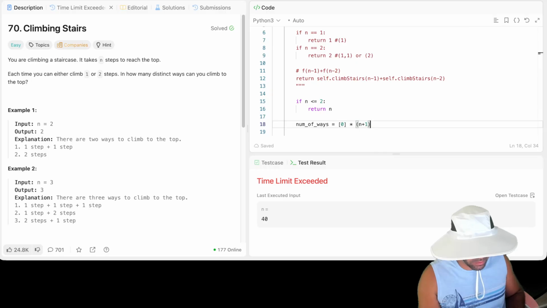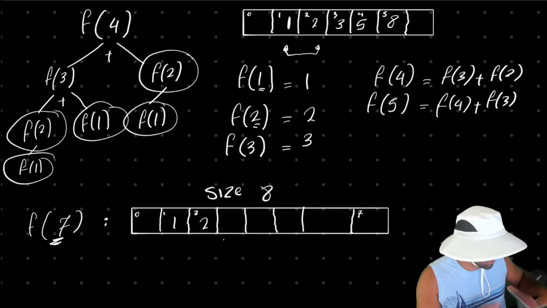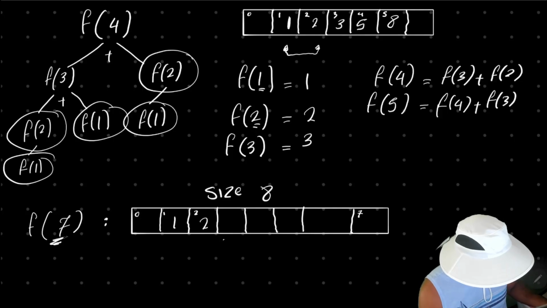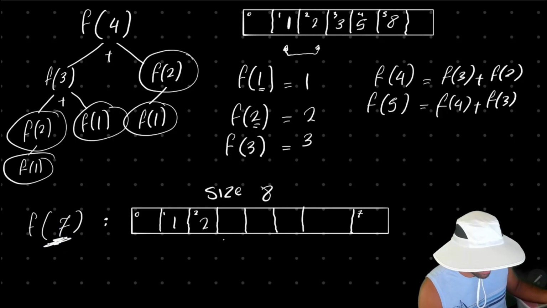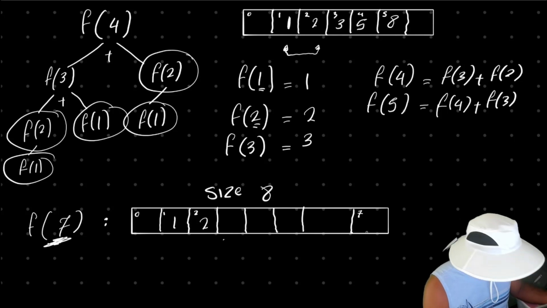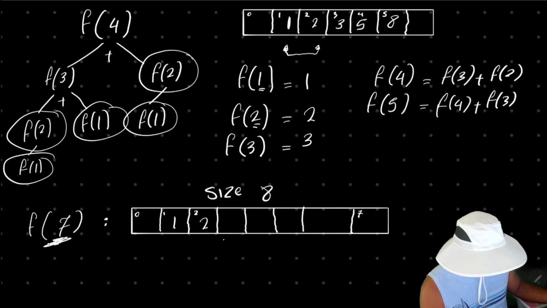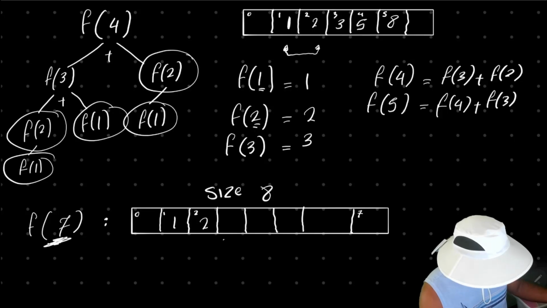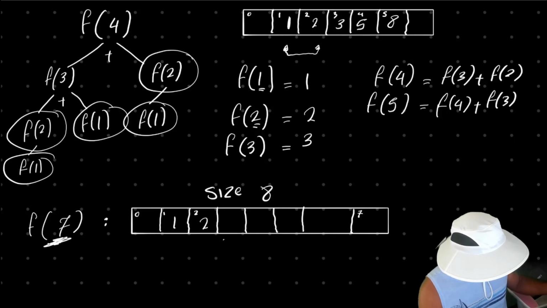If I go back to what I showed you earlier, we have n equal to 7. If n is 7, we need 8 spots, from index 0 all the way to index 7. So it's n plus 1.